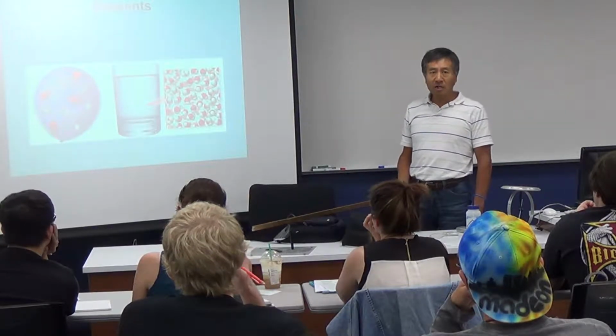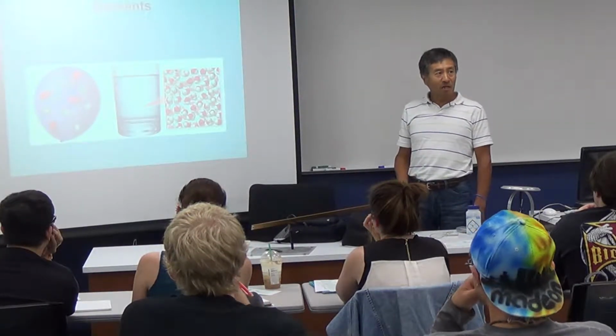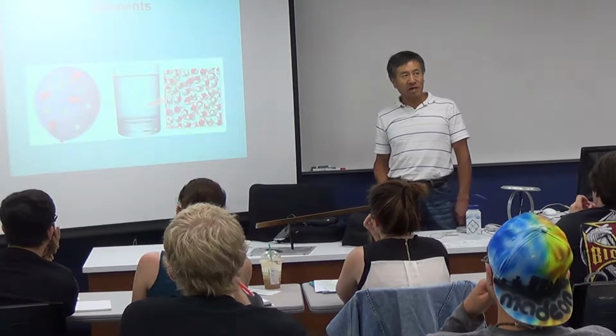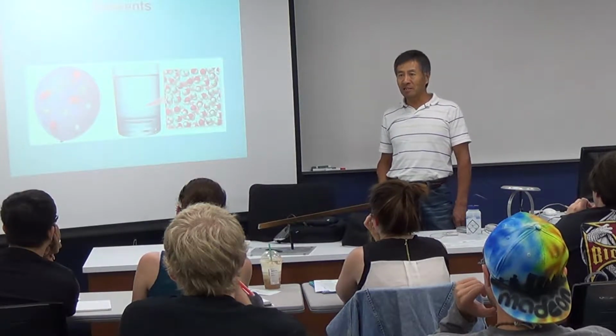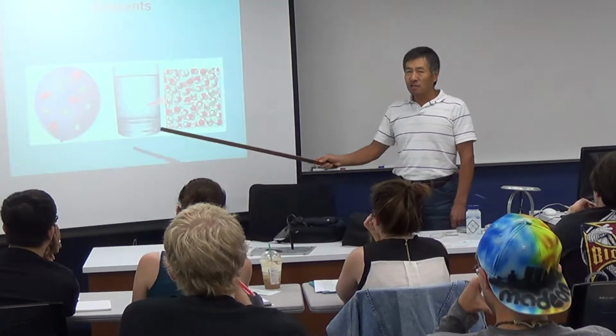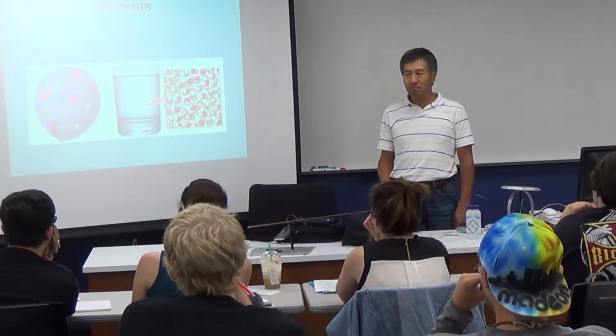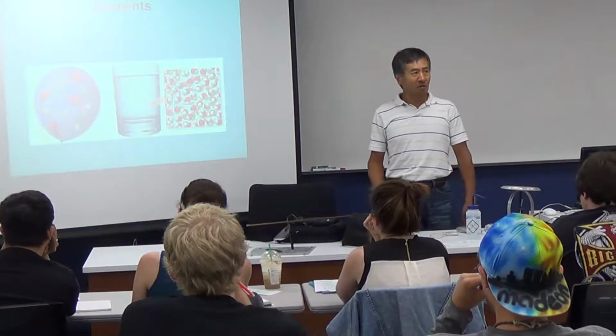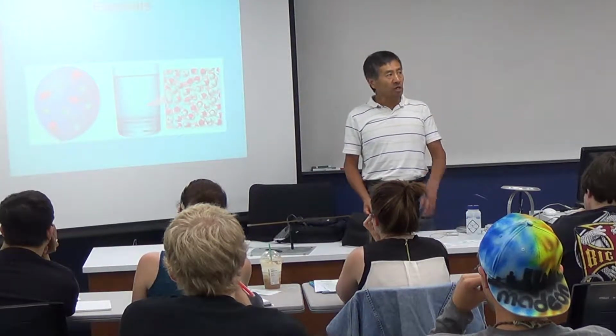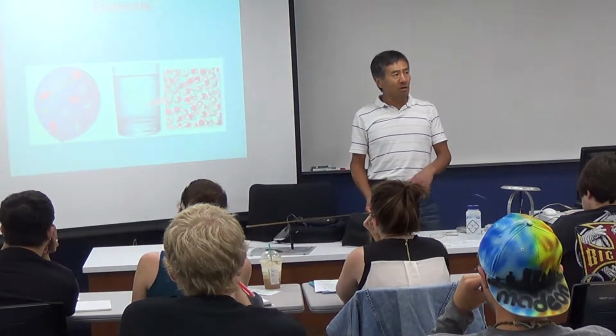Remember, we asked a few questions. The first question we want to ask is, does this material have only one type of atom? If yes, it's an element. If no, it will be either a compound or a mixture.